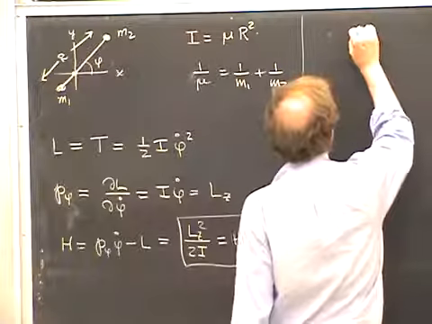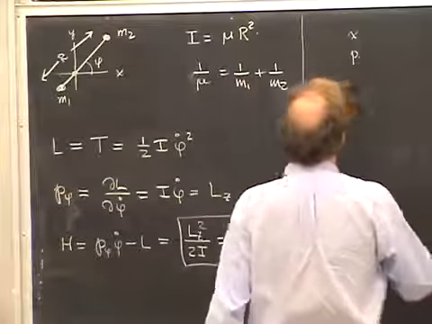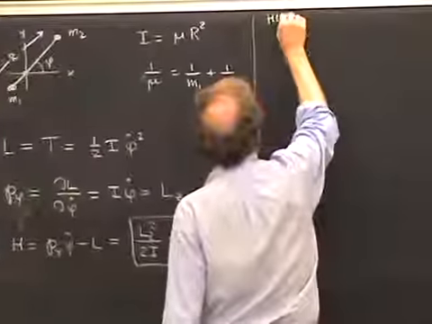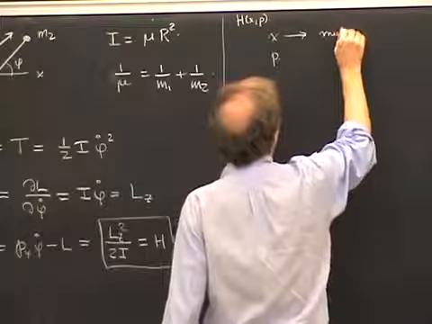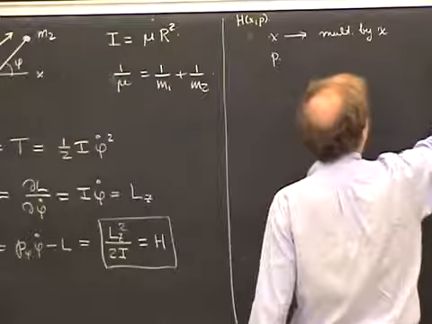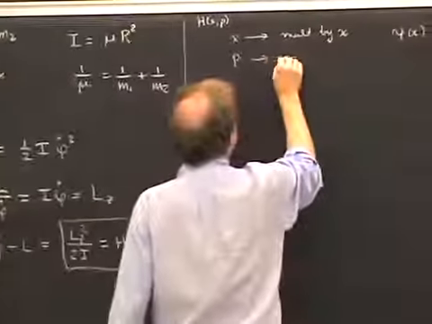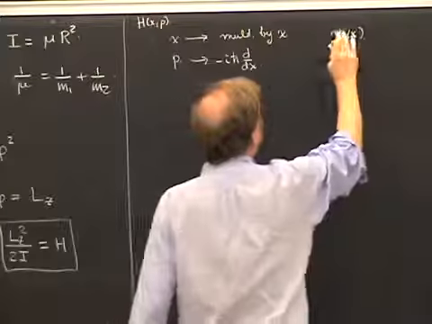In Dirac quantization, what you do is you take the x's and p's, which are the classical variables, and you've got a classical Hamiltonian H of x and p, and you reinterpret x as an operator, which is multiplication by x on a wave function psi of x, and you reinterpret p as minus i h bar d dx as an operator acting on psi of x.